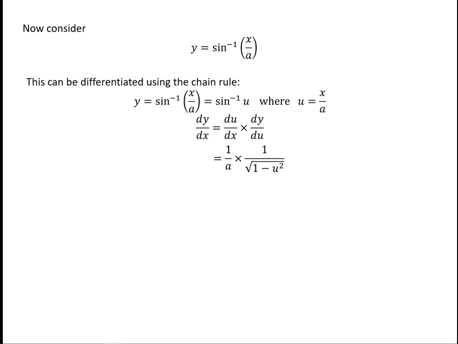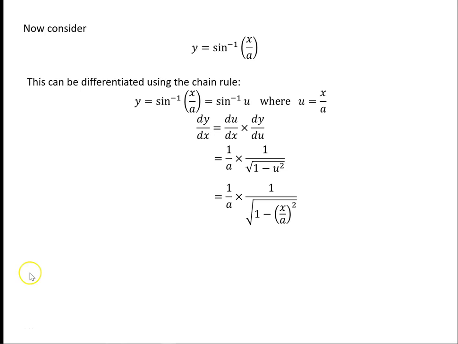I know that u is x over a, so that's 1 over a times by 1 over the root of 1 minus x upon a squared. Now, 1 upon a is the same thing as 1 over the root of a squared. So I've got 1 over root of a squared times by 1 over the square root of 1 minus x squared over a squared.